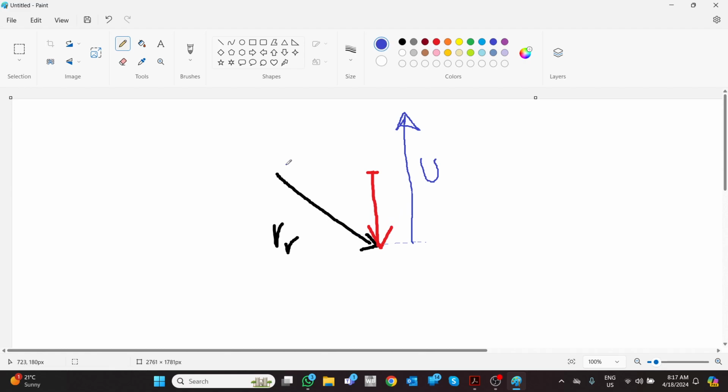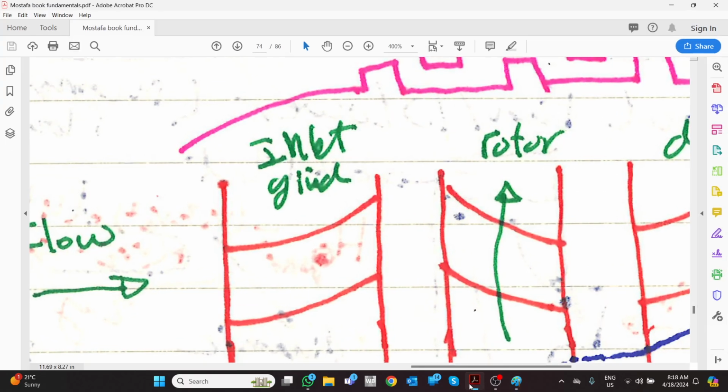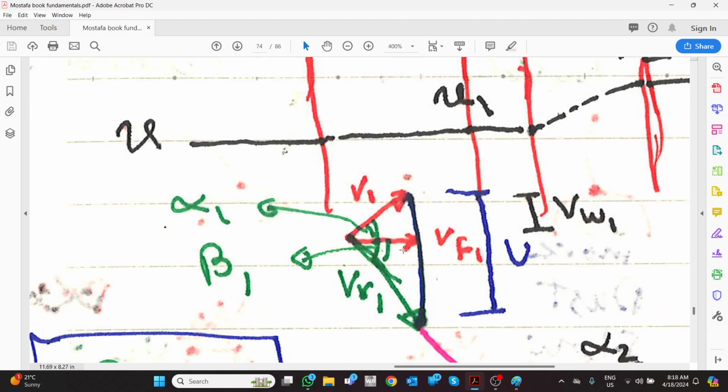We know from before that the component of the actual velocity in the rotation direction is equal to this one vector plus this one in vector. So this one plus this one in vector is this one, which will mean the actual velocity is like this.